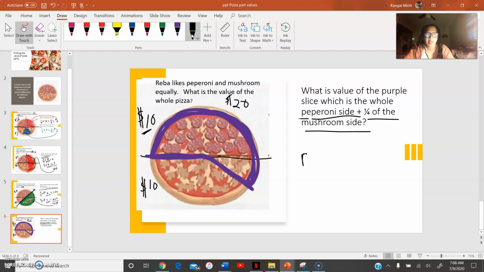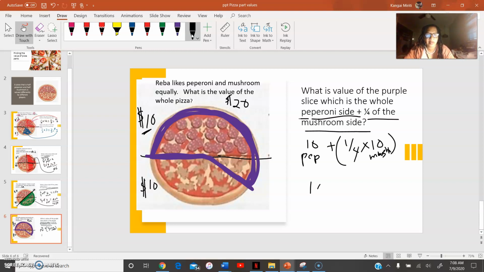So the whole pepperoni side is worth $10 plus 1/4 of the mushroom side. I know it doesn't look like it. That's the best my pen can do.